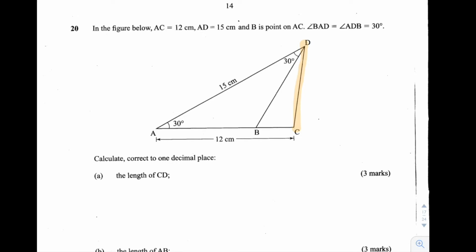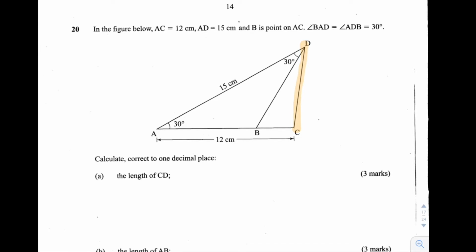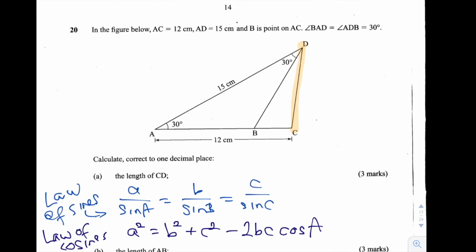So how should we go about calculating CD? Since we're given some angles and some lengths, it would be right to assume that we should use trigonometry to answer this question. We have formulae for two rules. The first one is the law of sines, which is a over sine A is equal to b over sine B, which is equal to c over sine C. So if, say, length a is 12, the corresponding angle A would refer to the angle that is directly opposite that side of the triangle.